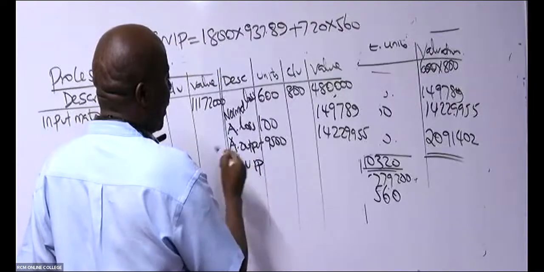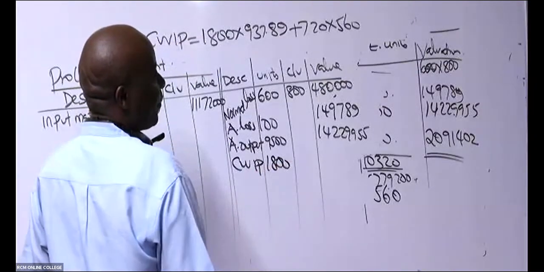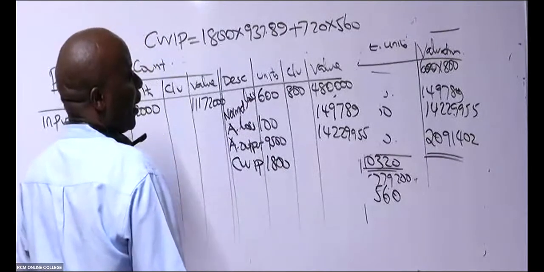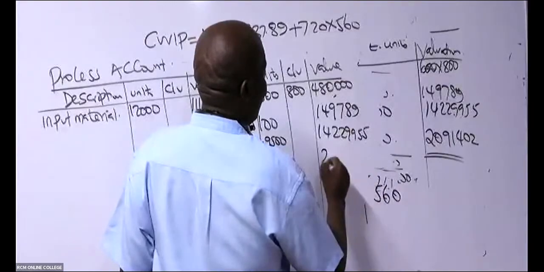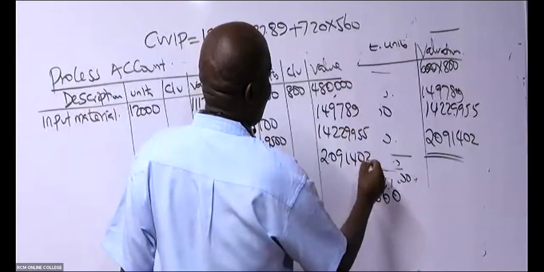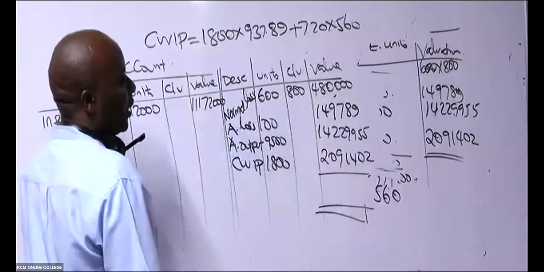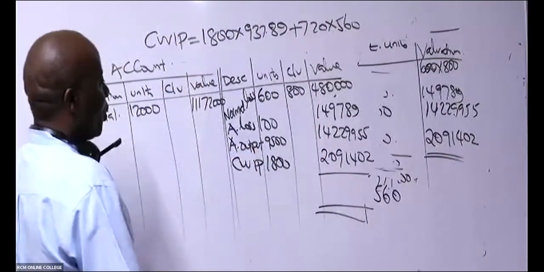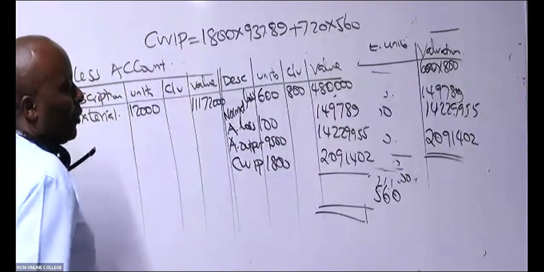Closing work in progress. How many units? 1,800, isn't it? Given what figure? 2,091,402. Can somebody go ahead to give me this total here, please?